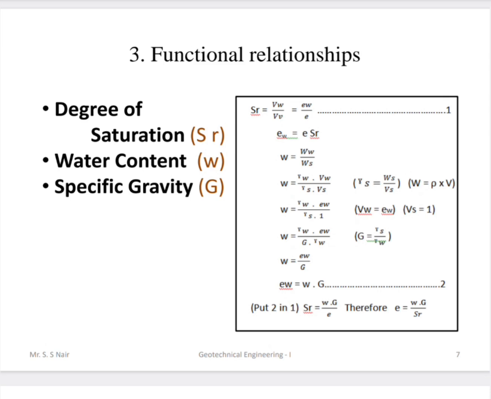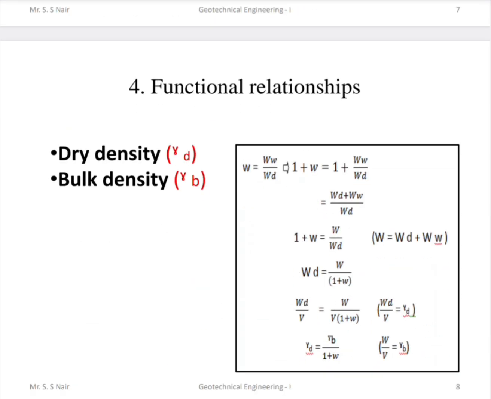Specific gravity is density of solid divided by density of water. So finally we are getting W equal to EW divided by G. So EW equal to G into W. So equating 1 and 2 we get E equal to WG divided by SR. So this is the fundamental relationship between degree of saturation, water content and specific gravity.